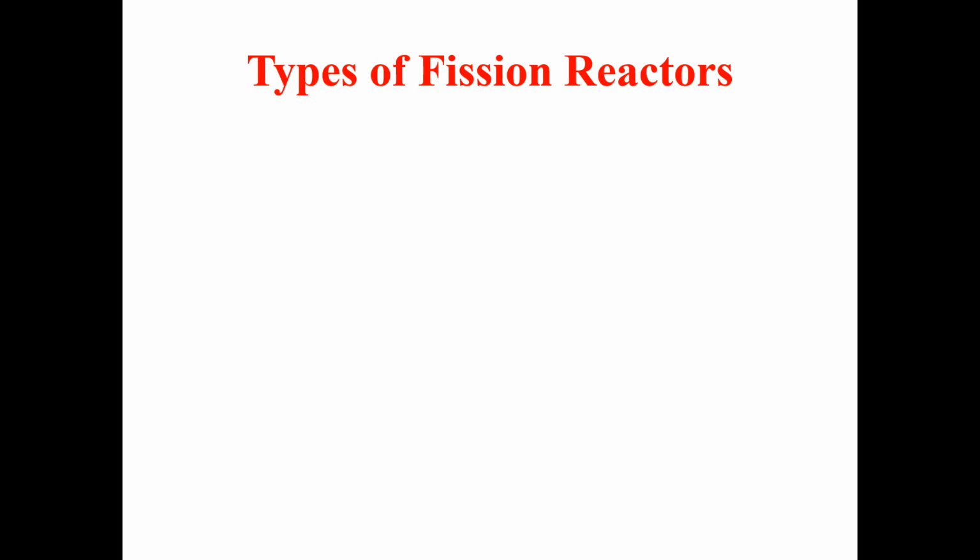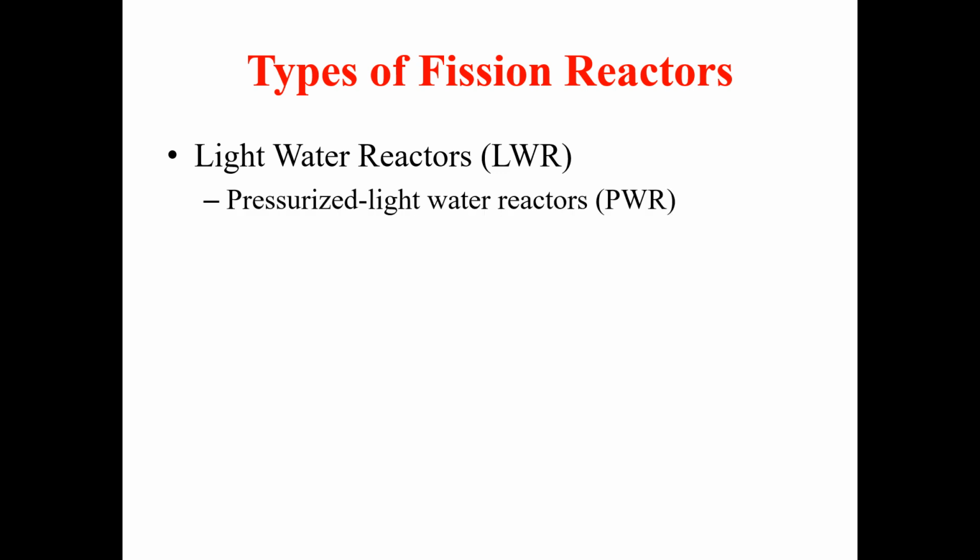Then we have the types of fission reactors. What are the key types? We have light water reactors, which we denote by LWR. These include pressurized water reactors, with the abbreviation PWR.